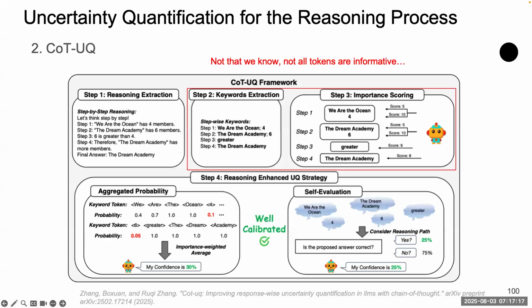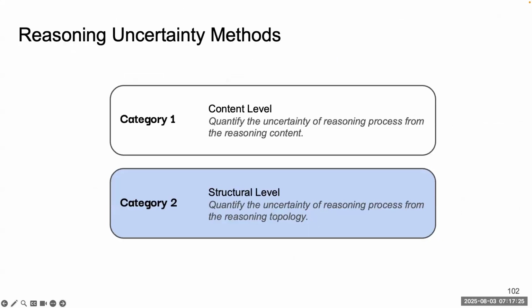Another, similar way of doing this, like I said, I think this is already explained here. The second category of reasoning uncertainty methods is called structure-level uncertainty quantification. So why do we care? What's the difference between a paragraph and a structure?